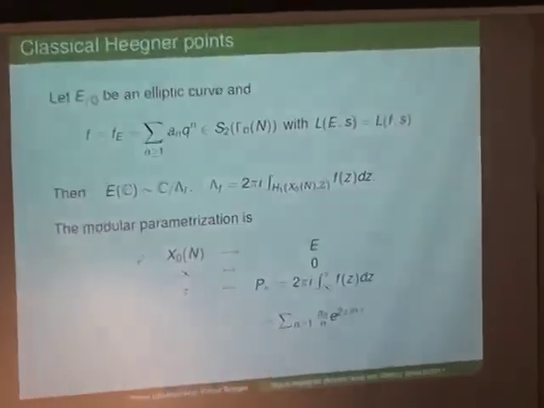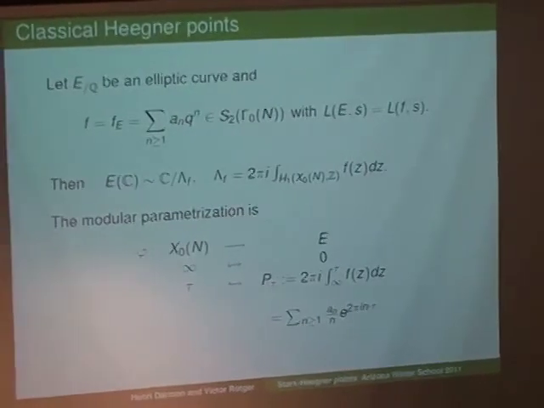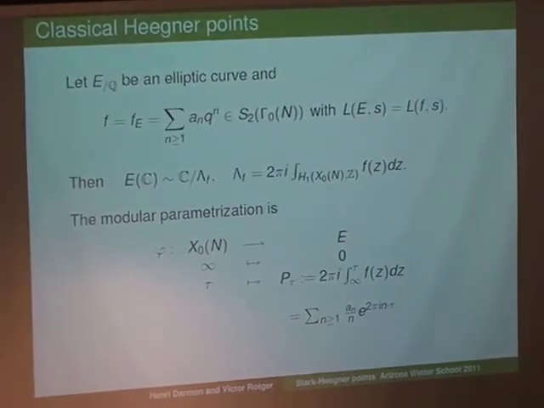The only difference is that my tau here can be a cusp, for instance, which is what was being done in the first lecture, or any element in the upper half plane. And this is the point you get. So this is a recipe which is purely analytic, but this is really a map of curves defined over Q, and this is just the expression of this map on the complex numbers. But you should keep in mind that this arises from a map of curves which is defined over Q.